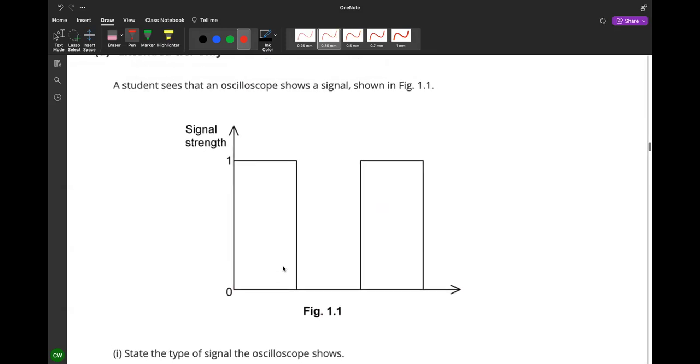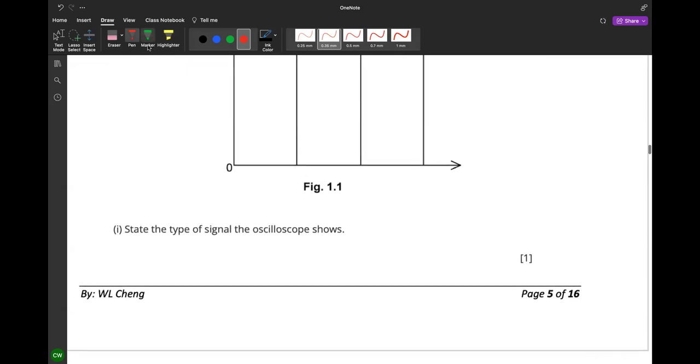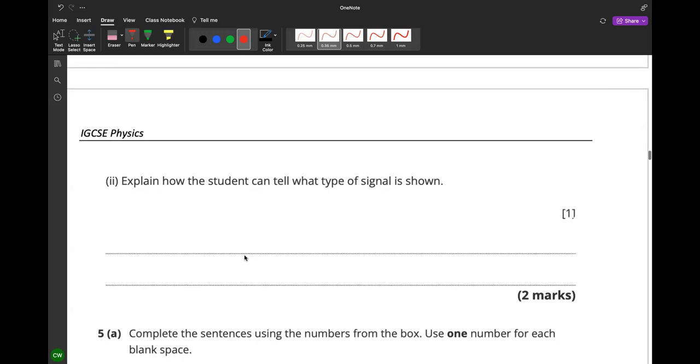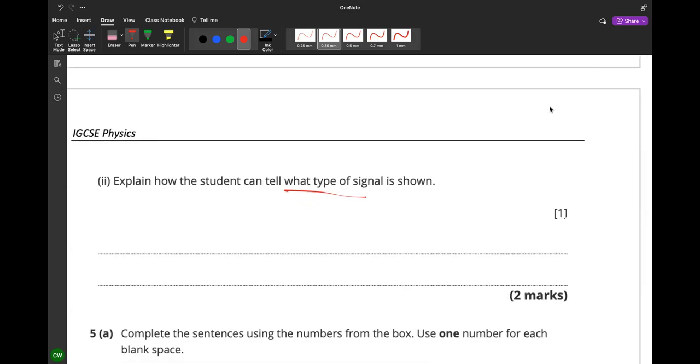What is this? What kind of signal? High, low, low, high. What is the name of this signal? Digital or analog? Digital. So write down digital signal. How do you know this is digital? How many values do they have? Two values. What are the values? 0 and 1, correct.